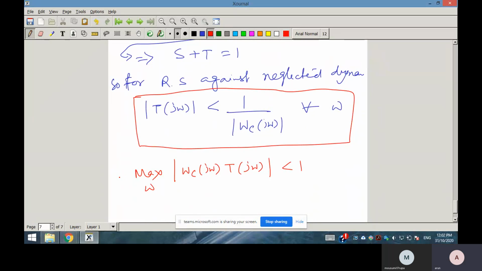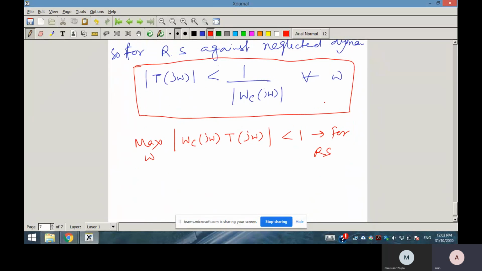This implies, if this is for robust stability and this is guaranteed, then you can guarantee robust stability.